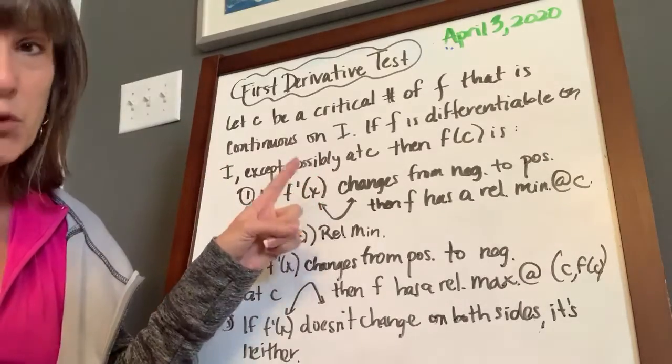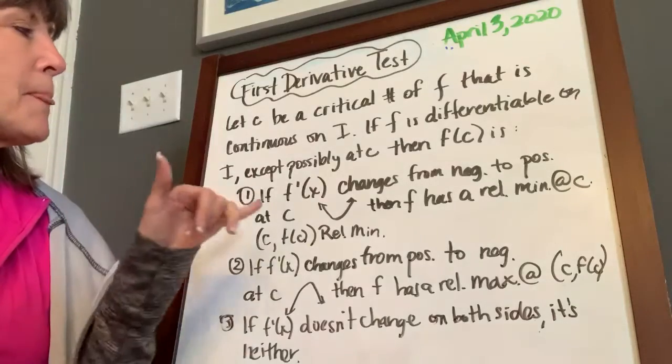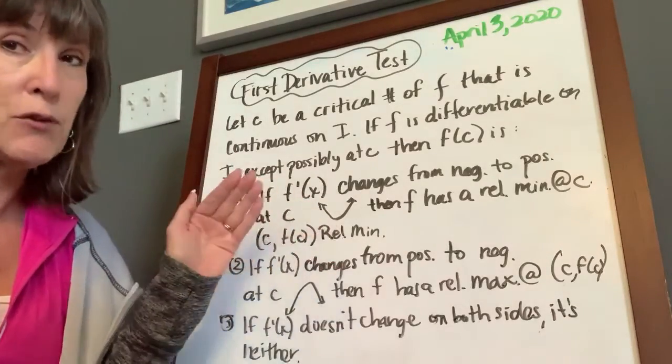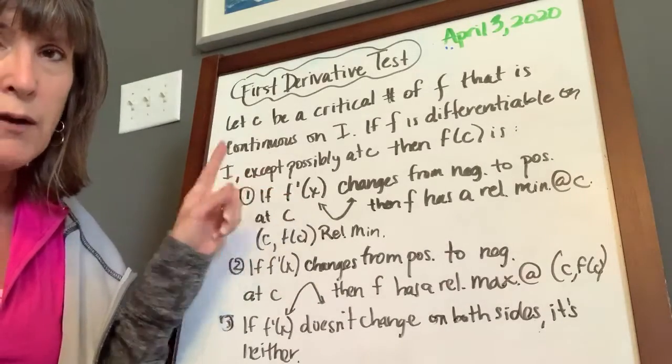Then those critical numbers that you find, basically where the derivative is equal to 0, can be a very special point. You know that where the derivative is 0 is where the graph levels off.